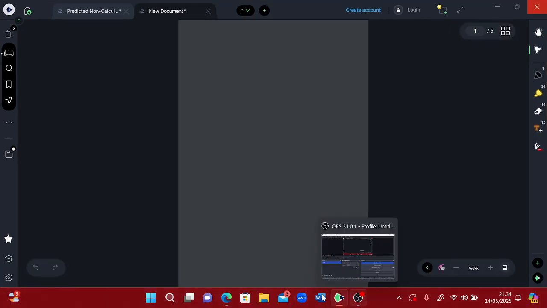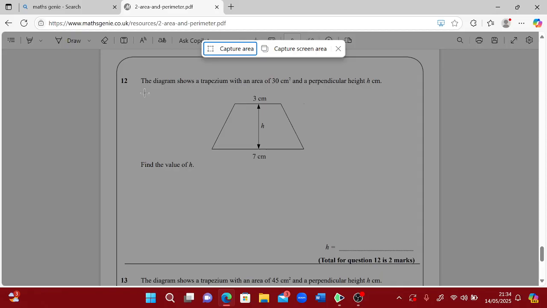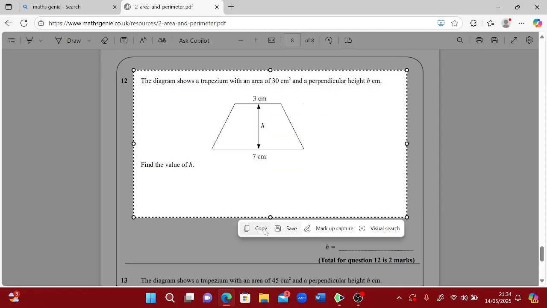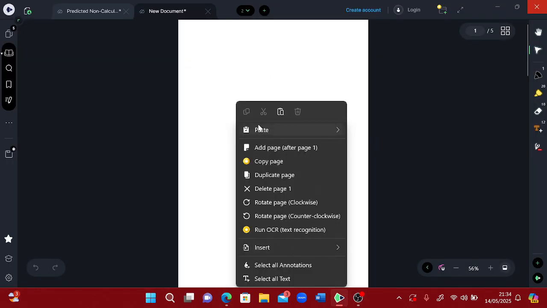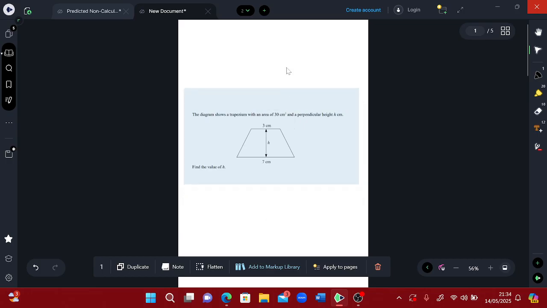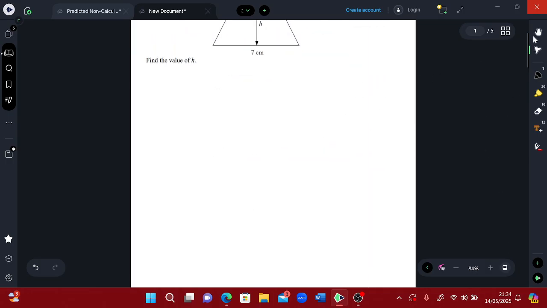Let me copy it, because I can't write on here, so I have to write it on the other thing. There we are. Cool. So as an example then, let's have a look at this question.